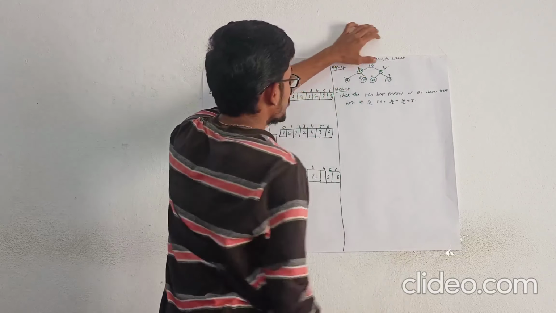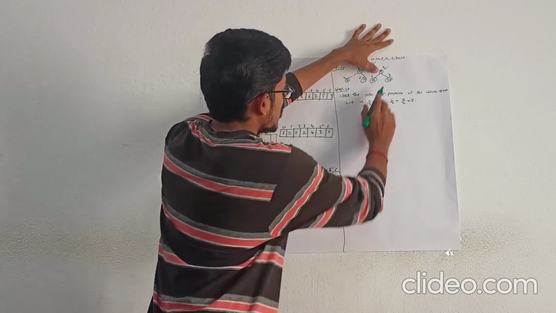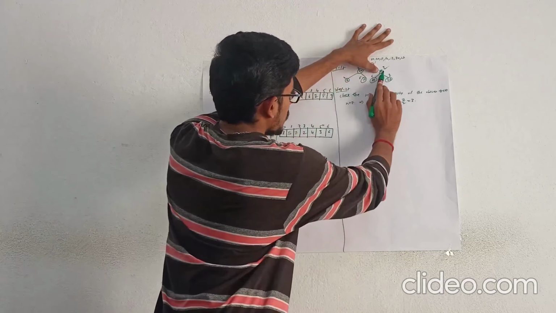Now at the third position we are checking the min-heap property. Here the root node is 8 and child nodes are 30 and 25. Yes, here the min-heap property is satisfied.